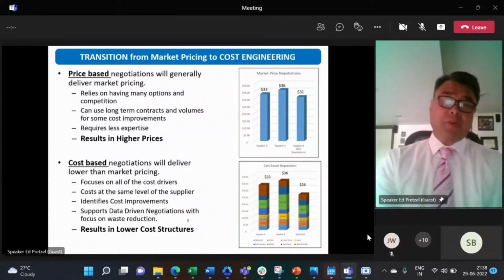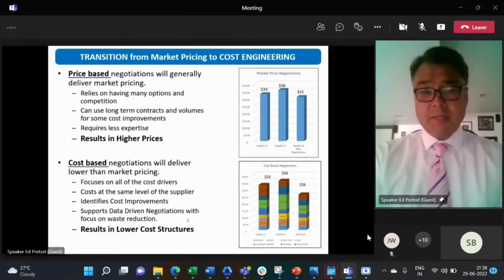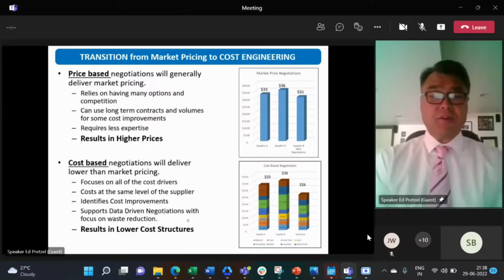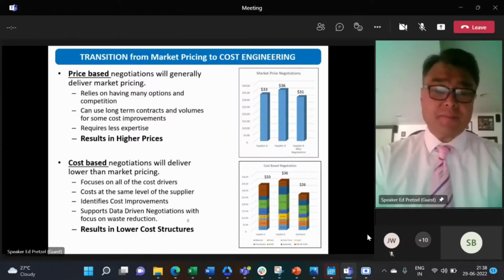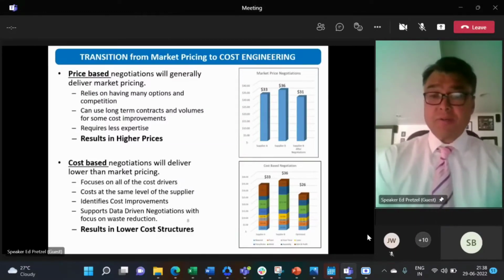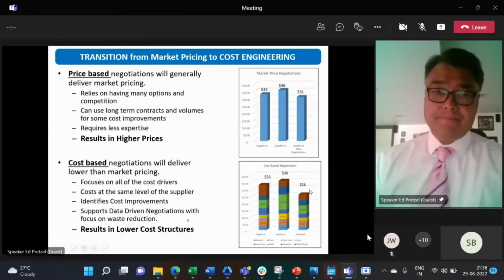So we help transition organizations to cost-based analysis where we focus on the cost drivers. We want to cost at the same level as a manufacturer. We can get very good at identifying cost improvements and support data-driven negotiations. The results are lower cost structures, typically in that 5 to 15% range.